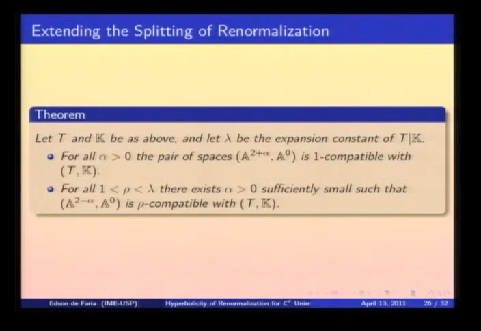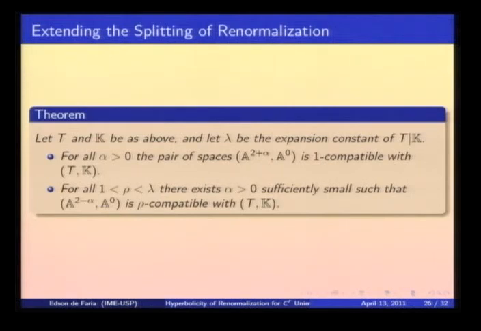What is A2 plus alpha? A2 plus alpha is the unimodal space that I defined earlier, corresponding to C2 plus alpha mappings, and A0 is just continuous unimodal maps. So in particular, the splitting extends as a hyperbolic splitting in this space here.